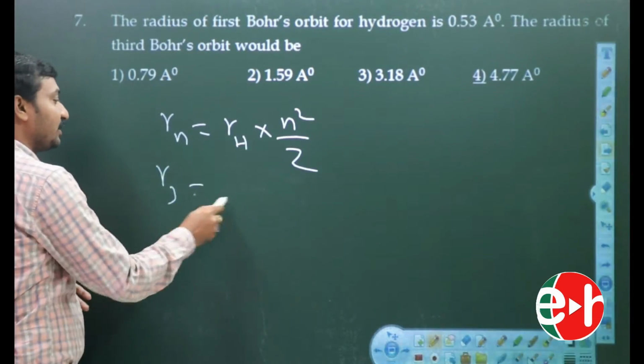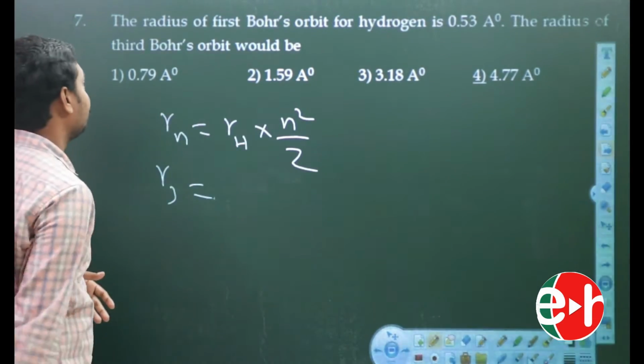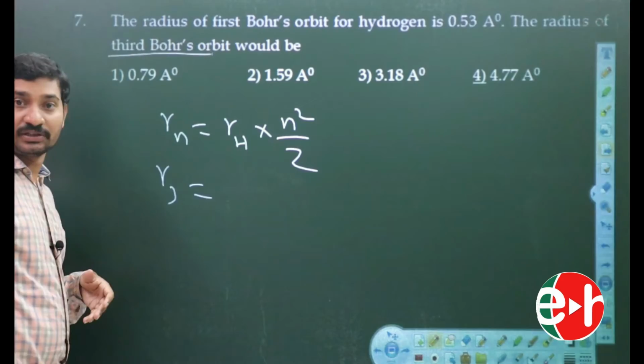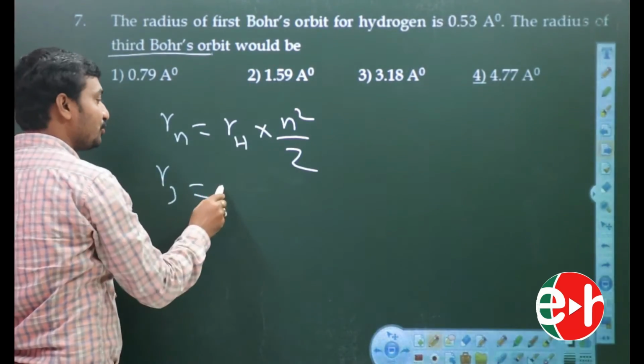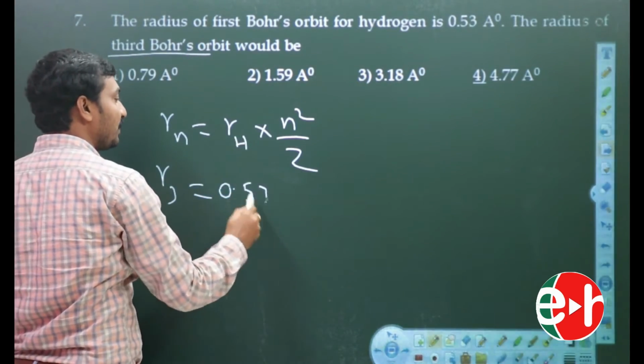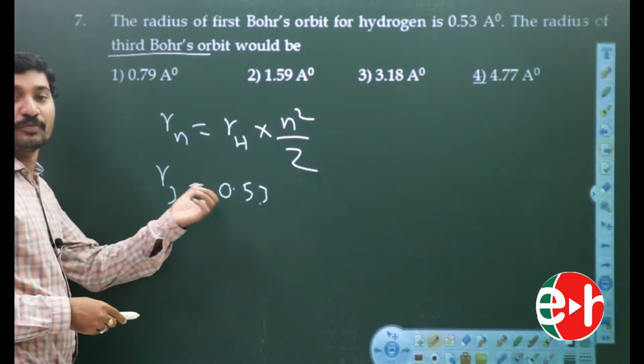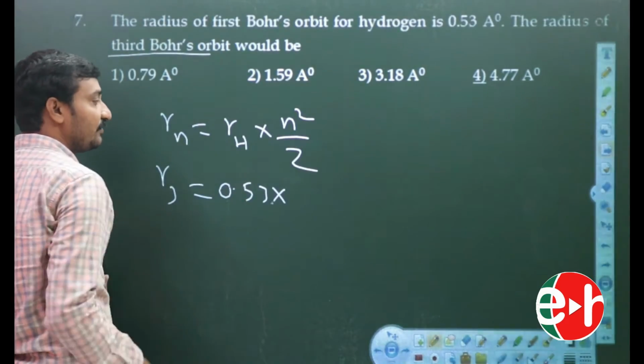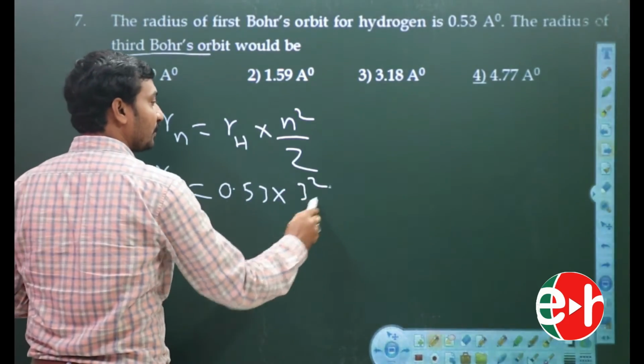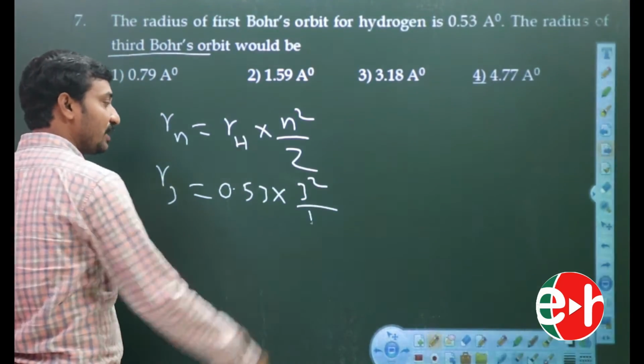RH is given as 0.53; in case a particular value is not given, you can take 0.529. n value for the third orbit is 3 square by z value of hydrogen atom 1.